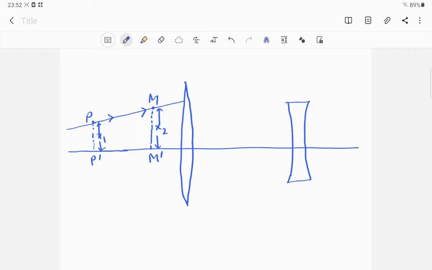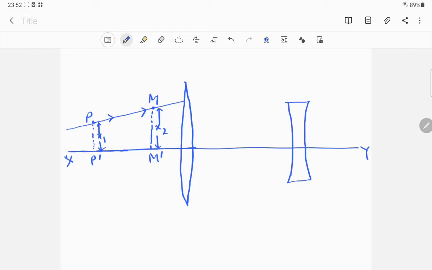Now you can see that this is the principal axis, the middle one. Let me name it as capital X and capital Y. XY is the principal axis.